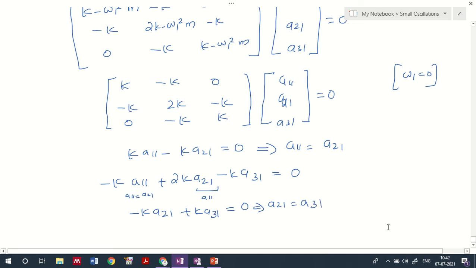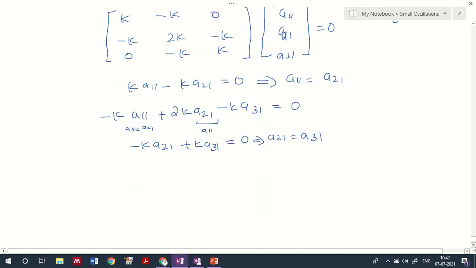Okay, and finally what we are getting is that from considering all these equations, a11 equal to a21 equal to a31. So that is the main takeaway of omega 1 equal to 0, and I represent this as alpha, because all the eigenvector components a11, a21, a31 are the same.